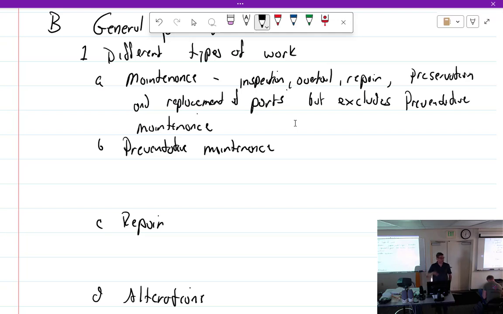So it's all this stuff, but not preventative maintenance. Well, gee, thanks. That was a huge help. Appreciated that one. What's preventative maintenance? Well, it gets its own thing.